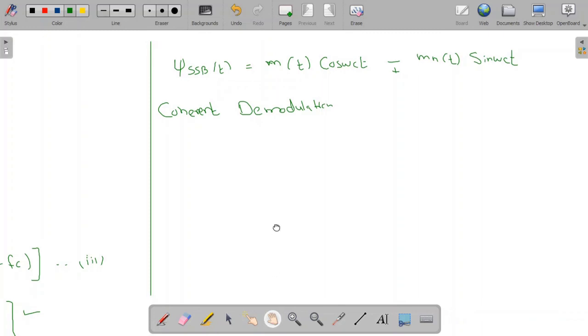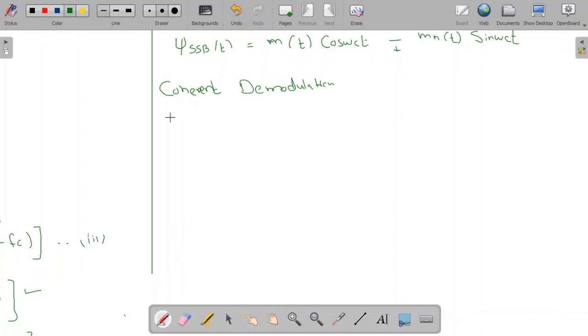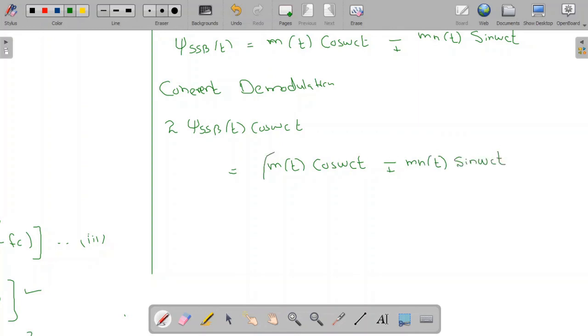So let me multiply 2 cosine omega ct over here. So we are going to get m of t cosine omega ct minus plus m h of t sine omega ct, and this whole needs to be multiplied with 2 cosine omega ct.